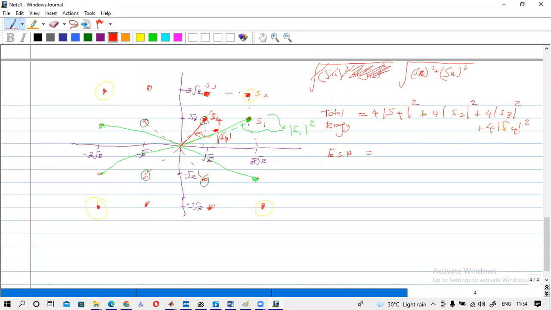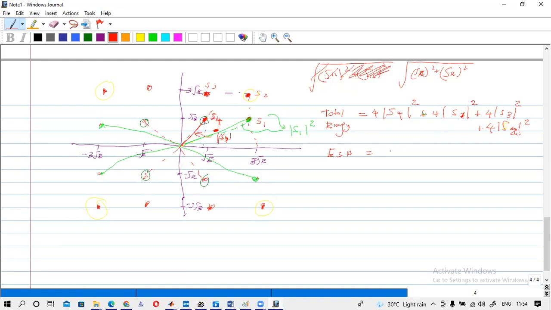So I think this is S1, and this is S2, and this will be S2 and S3. I don't think you get confused, you have the idea. So these are all the symbols.